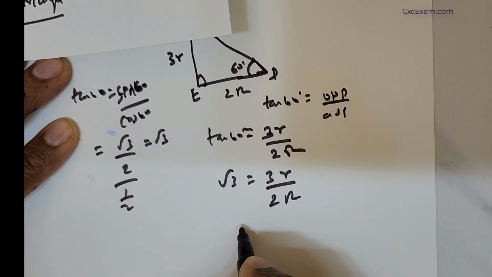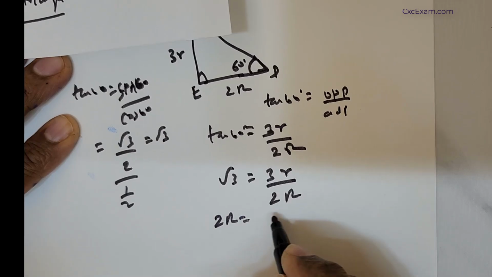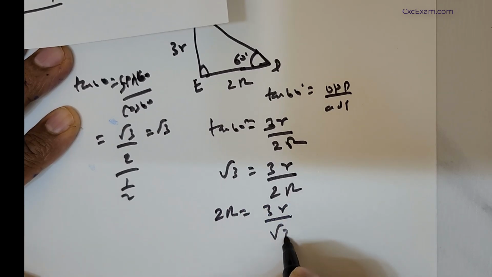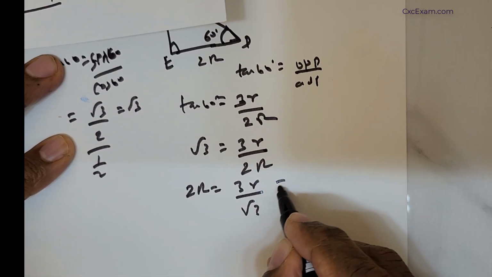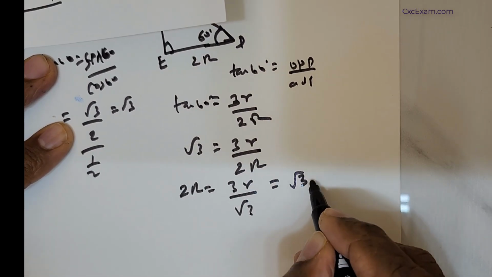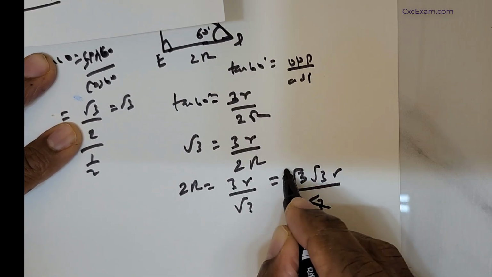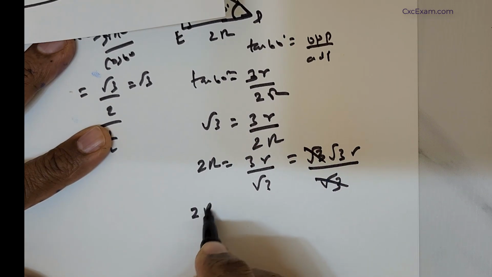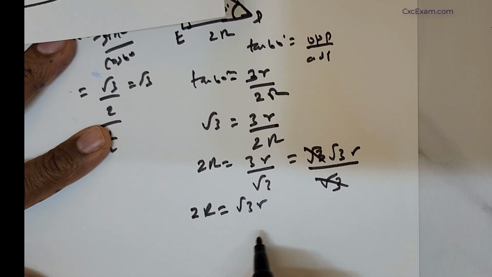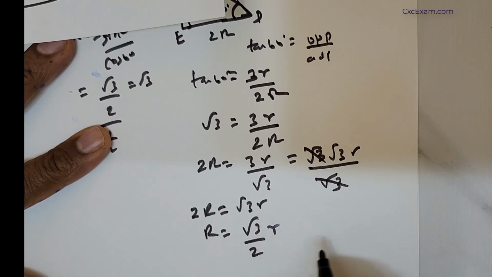I want to get R. So 2 times R is equal to 3r divided by root of 3. I can rewrite this as root of 3 times root of 3 times r divided by root of 3. Root of 3 gets cancelled. So you have 2 times R is equal to root of 3 times r. So you have R is equal to root of 3 over 2 times r.